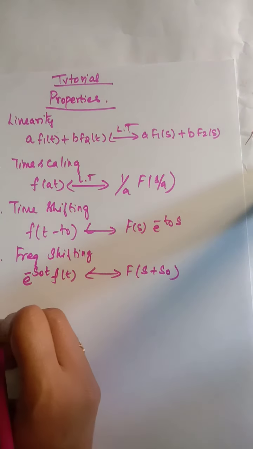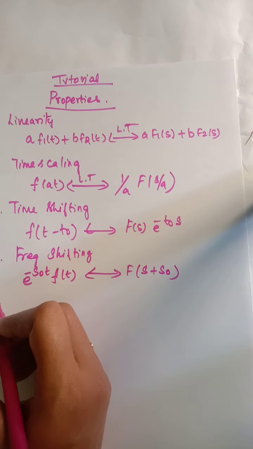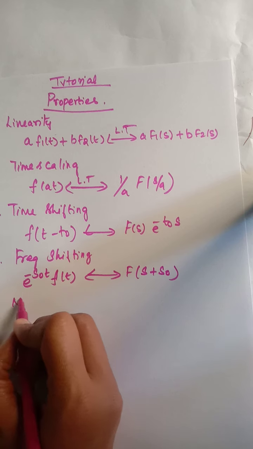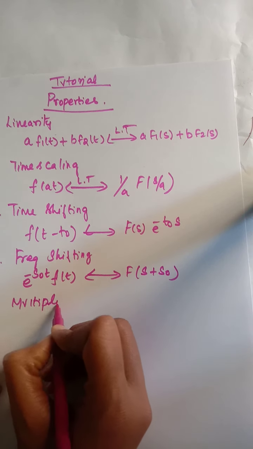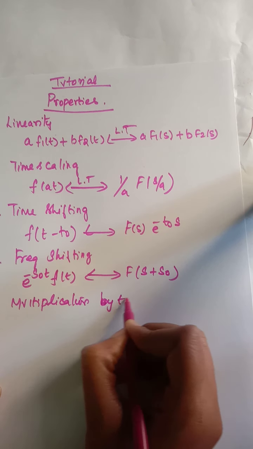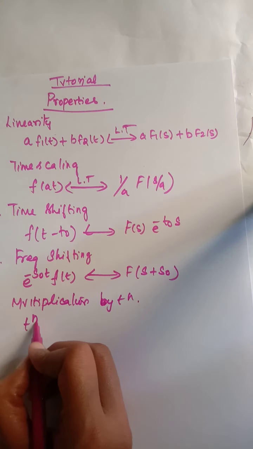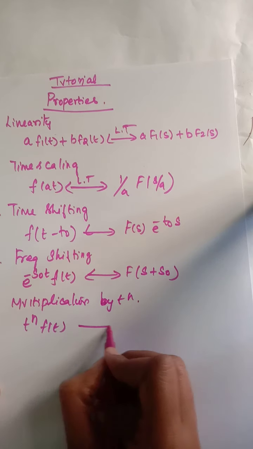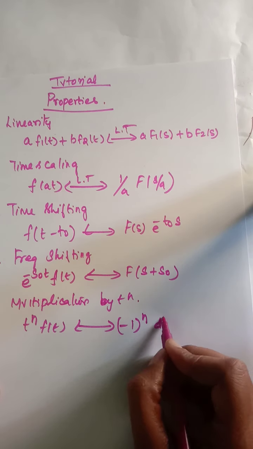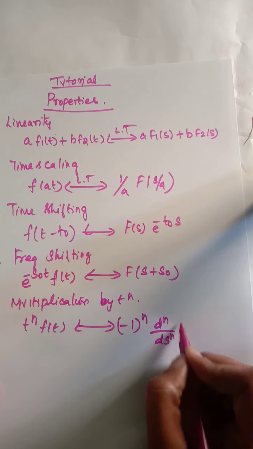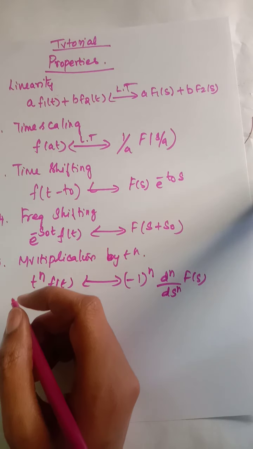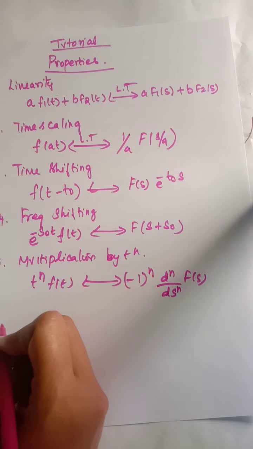Next one is multiplication by t power n. Here t power n f of t has the transform minus 1 the whole power n, d^n by ds^n of F of s. So this is also another property, multiplication by t power n.